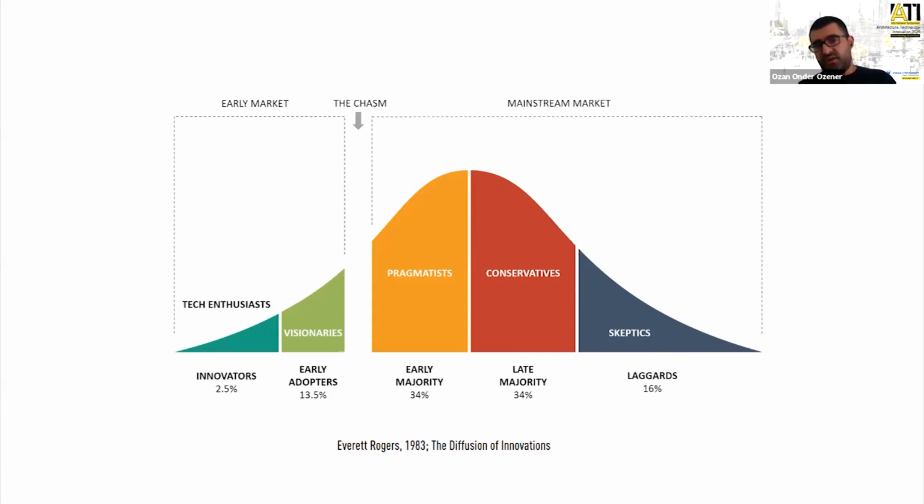And there are the very conservative people. They really don't want to adopt it until it becomes a necessity for them. And there are others who are skeptical about it, and they really refuse to adopt this technology or process.